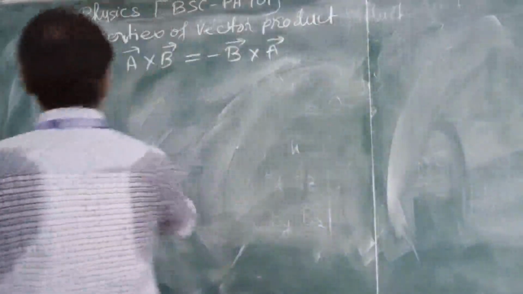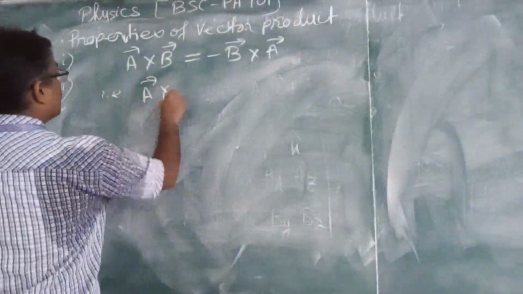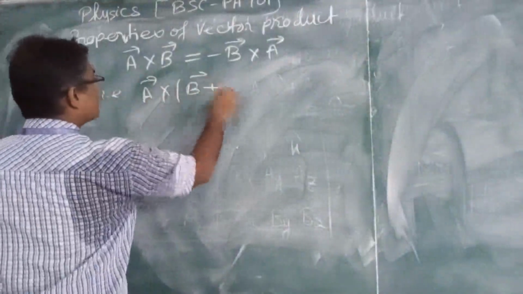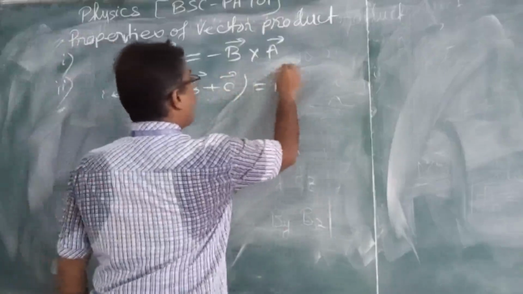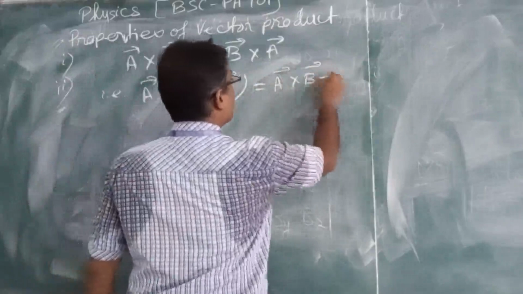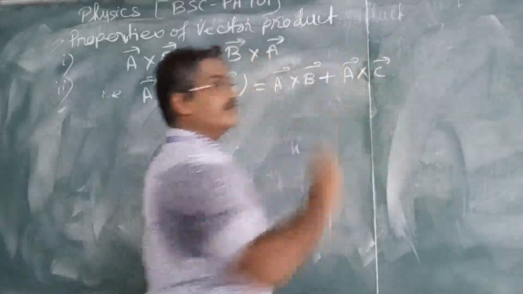That is, A cross (B plus C) equals A cross B plus A cross C.